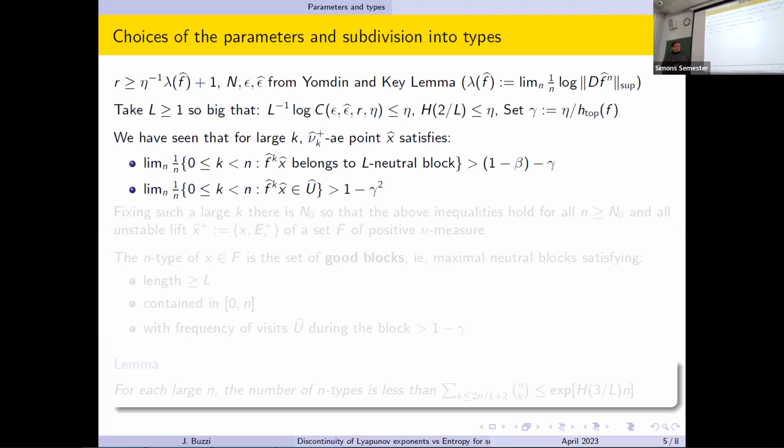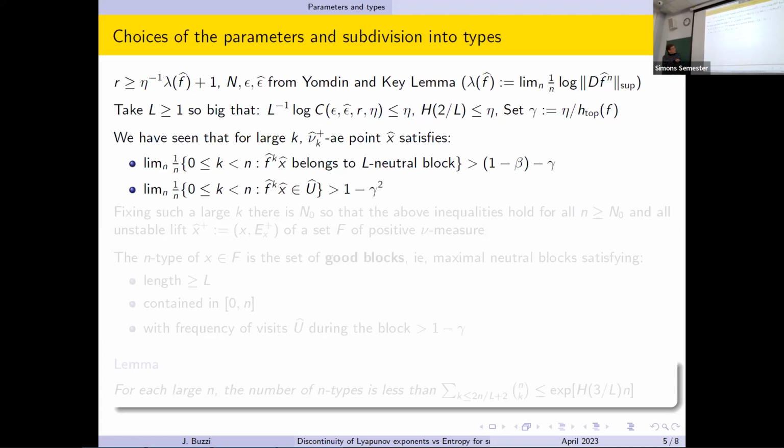The proportion occupied by neutral blocks with lengths bigger than L is almost 1 minus beta, almost everywhere with respect to that unstable lift. So this one is a full measure set. That was from the analysis of the tangent dynamics.